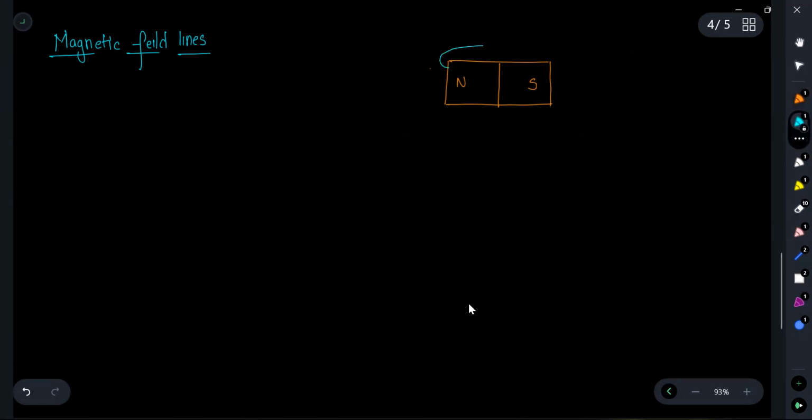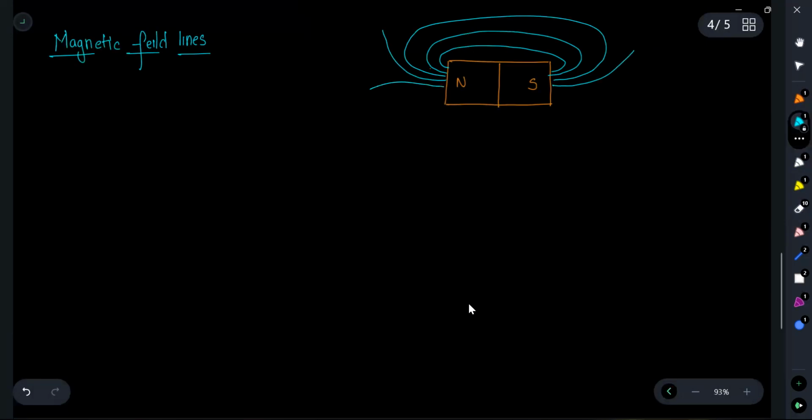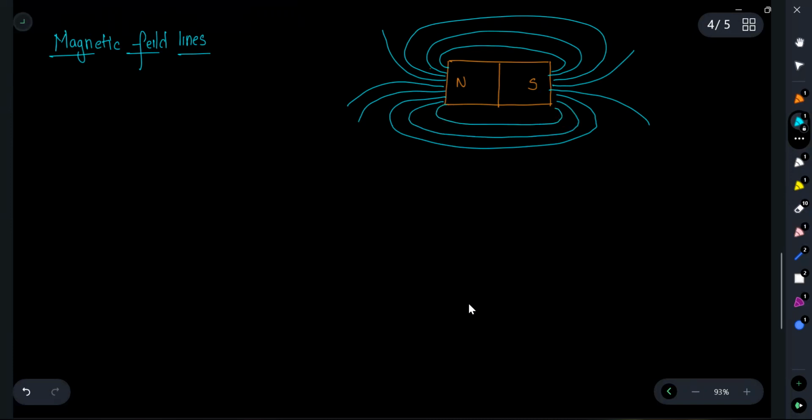Magnetic field lines would look something like this. And they'll go from North Pole to South Pole.